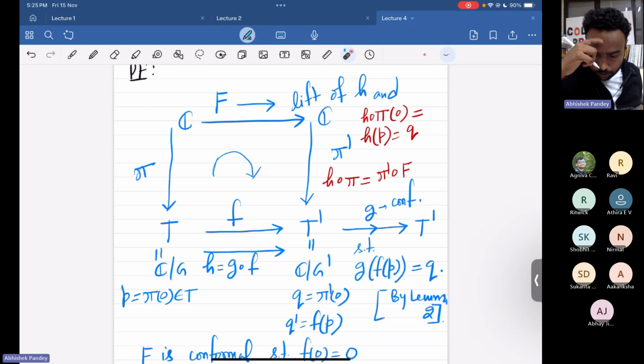Wait a minute. This lifting is unique always.